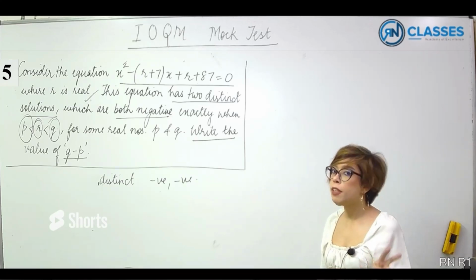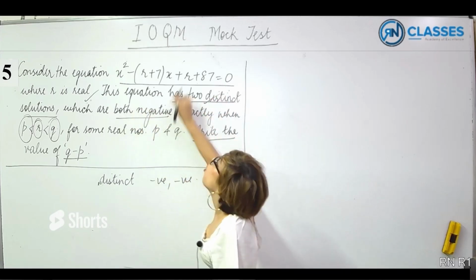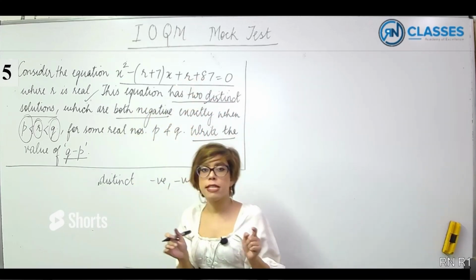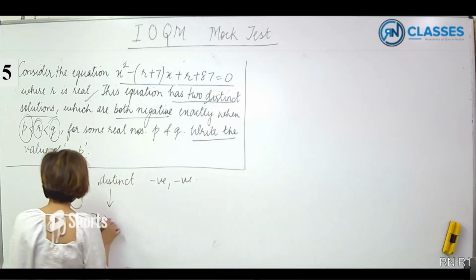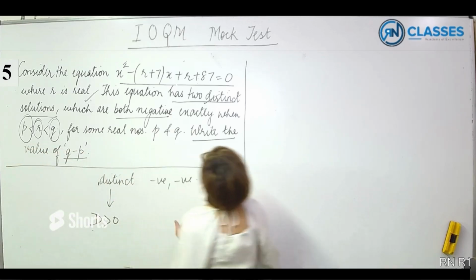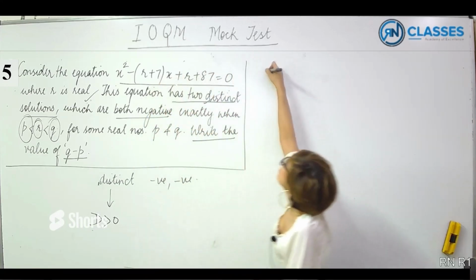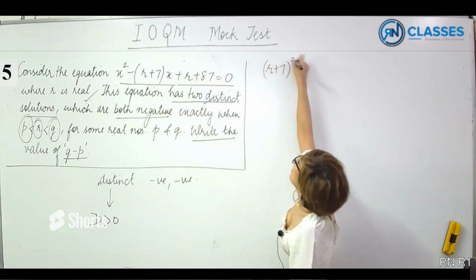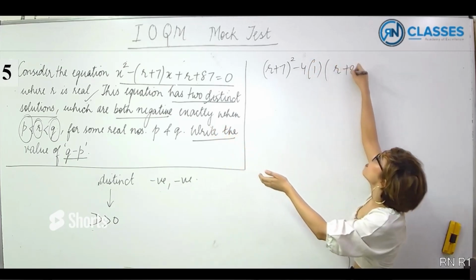Now two conditions are given to you. First is, it has distinct solutions. Right? A quadratic equation has distinct solutions. That means discriminant needs to be greater than 0. Right? Okay. So, discriminant greater than 0. So, let me write my discriminant, b square minus 4ac. So, r plus 7 whole square minus 4 into a is obviously 1 into c, which is obviously r plus 87.